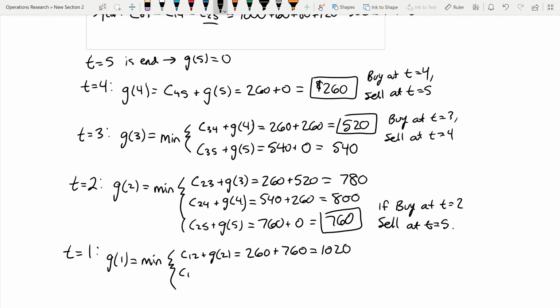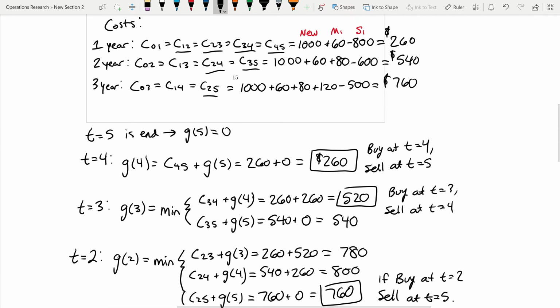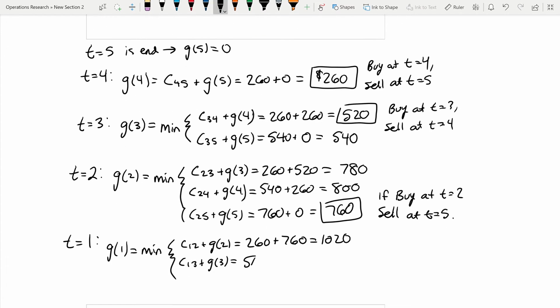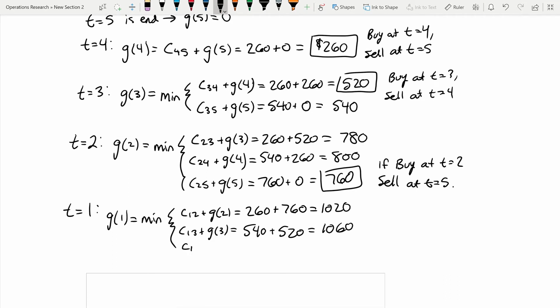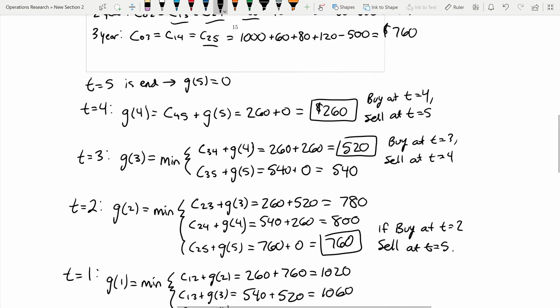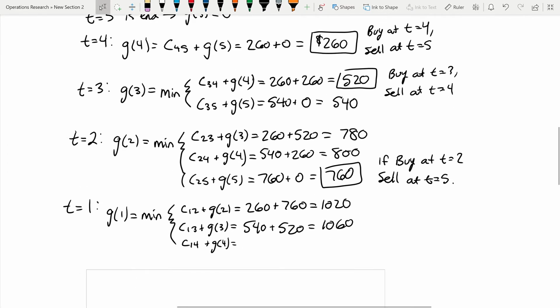We can go from year 1 to year 3 and add G of 3, which is going to be 540 plus our G of 3, which is 520, which is going to give us 1060. Or we can go from year 1 to year 4 and add G4. 1 to 4 is just 760, plus G of 4 is 260, which gives us a value of 1020 here.